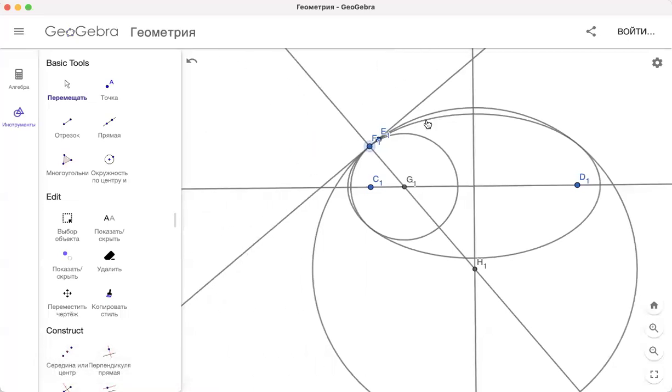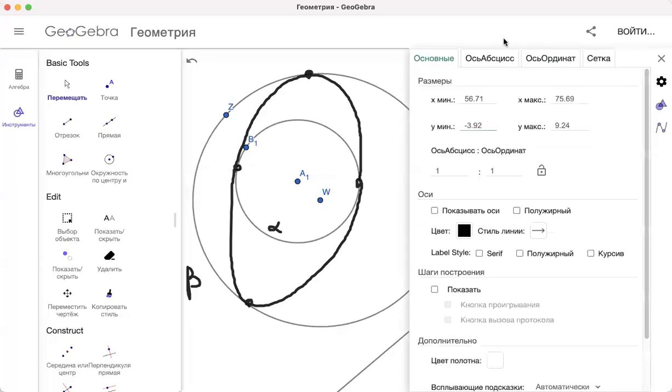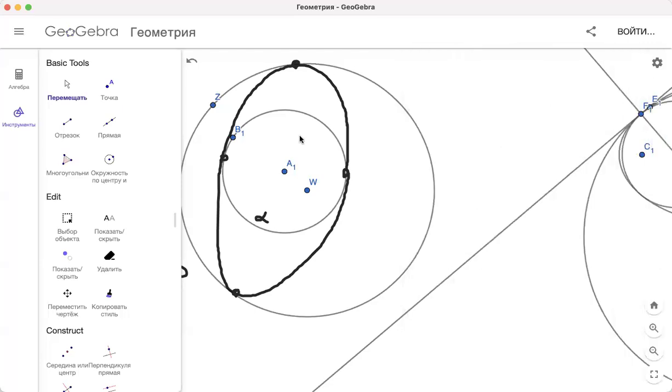And for our configuration, for our picture, we consider such ellipses that the center of the first circle lies on its major axis of symmetry, and the center of the second circle lies on a minor axis of symmetry of this ellipse.